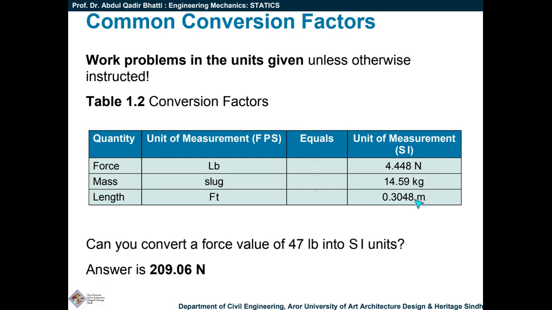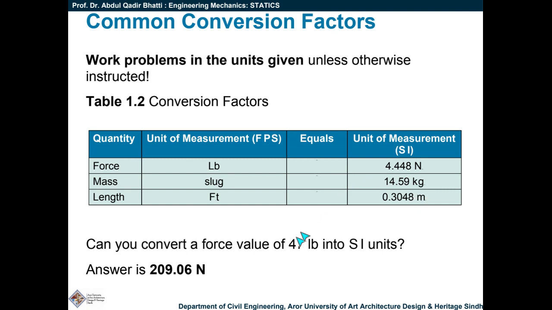How many inches in 1 foot? 12 inches, right? And how many millimeters in 1 meter? Thousand, right? So normally we can convert feet into meters, inches, or millimeters, and even inversely.